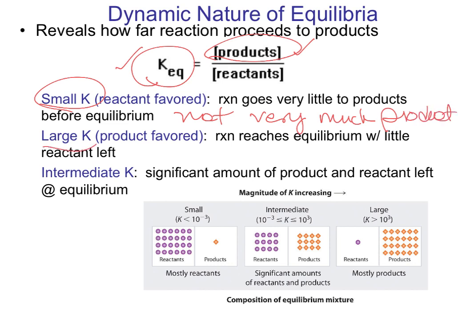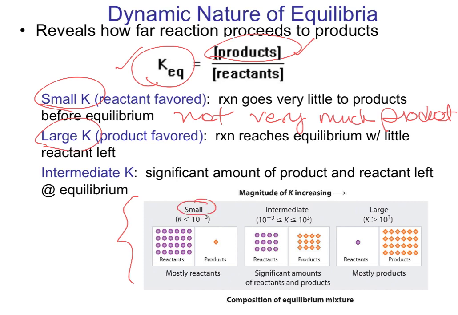If it's a large equilibrium constant, we would say that it's product favored. A lot of product is made compared to how much reactant was started with. I kind of like this diagram on the bottom here. It just lets you visualize this.